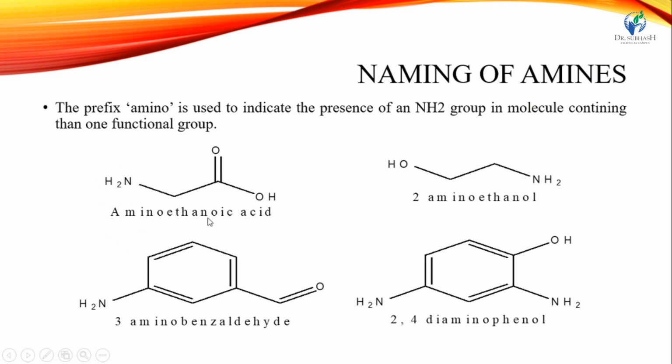Examples: aminoethanoic acid, 2-aminoethanol, aminobenzaldehyde, and 2,4-diaminophenol. These are all naming examples using the prefix amino.